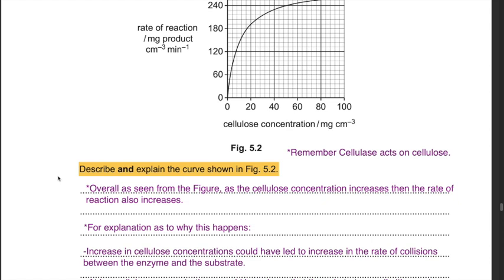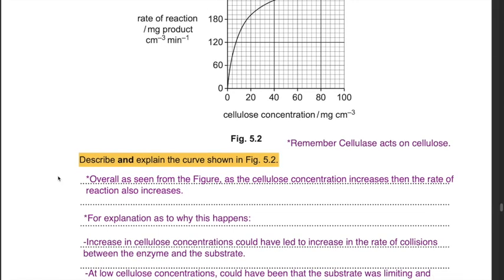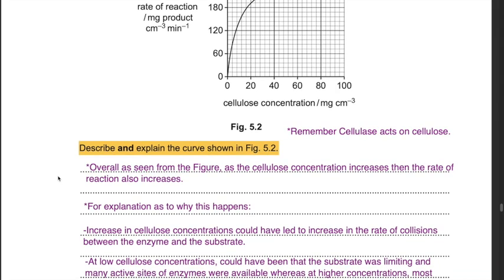In such graphs where they plot the substrate concentration with the rate of reaction, you should clearly identify what happens at the start and at the end. At the start, it is usually where the substrate is limiting, with active sites of enzymes being available, and towards the end, the substrate is available, however active sites are limiting or occupied.